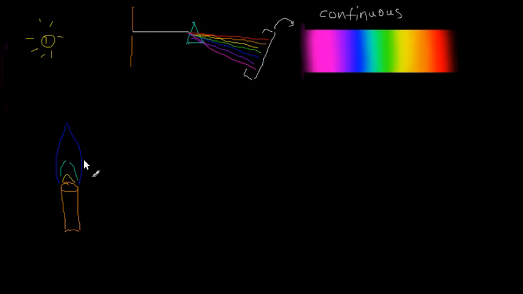Now, I'm not so interested in the color of the fire right now. Let's just imagine that I take, say, a long metal spoon, or a spatula as they might call it in chemistry.